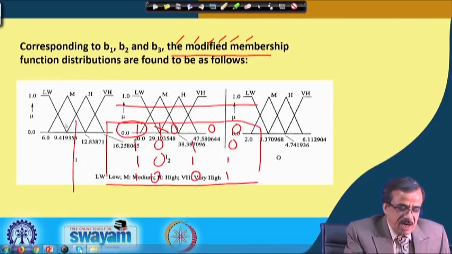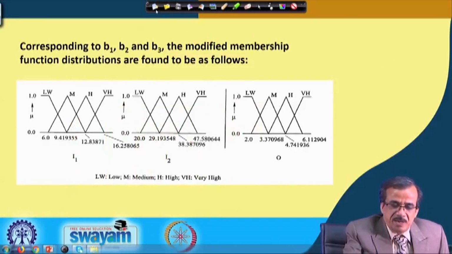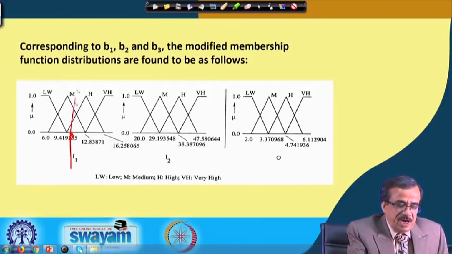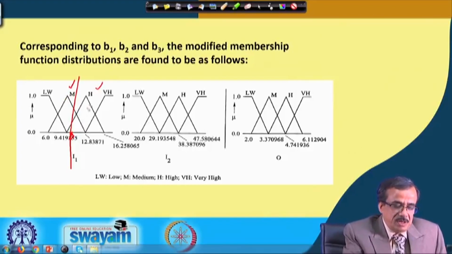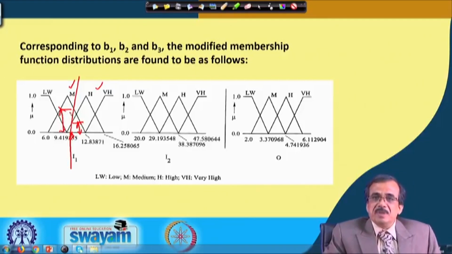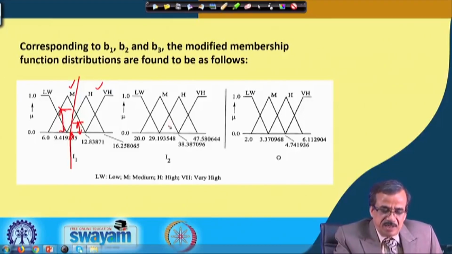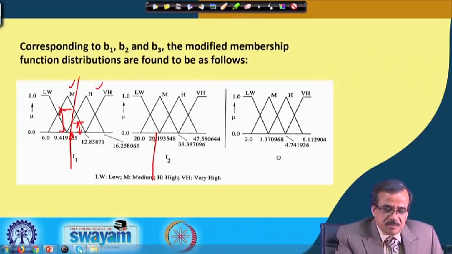I1 is 10, so I am here. This I1 could be either medium with some mu value, or it could be high with another mu value. Similarly, this I2 is 28, that means I am here.